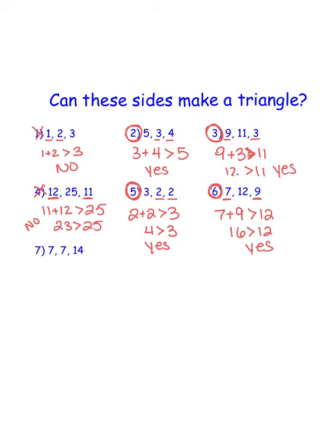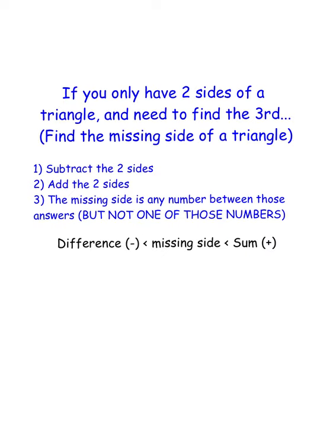And the last one, pick the two smaller sides. Is that bigger than 14? That's a no. So those do not make a triangle. So again, your cheat is pick the two smaller sides, add them up, and make sure they're bigger than the third side. If they are, it makes a triangle.